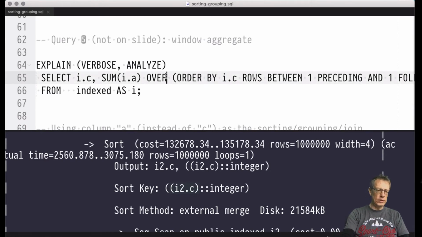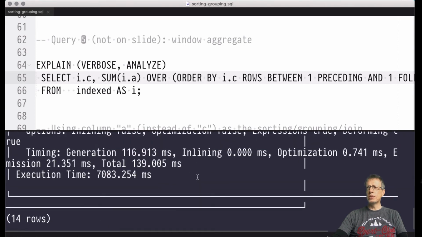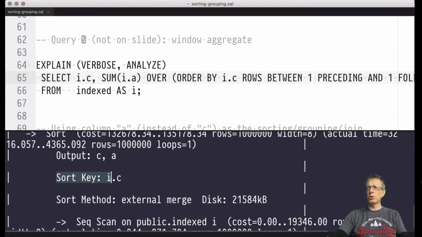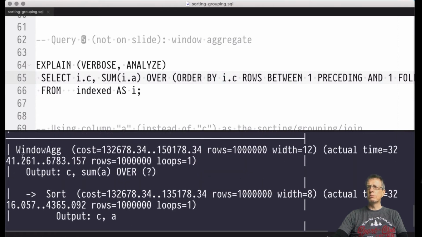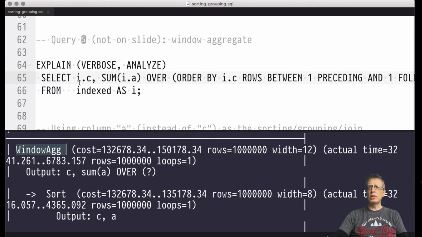And if we read this query, then we will see again sorting will play a central role here. Wait a few seconds. This is the result of our window query. Again, it's a sorting query. All right, and some window aggregation on top of that. So indeed sorting is ubiquitous in the evaluation of a large family of SQL queries.